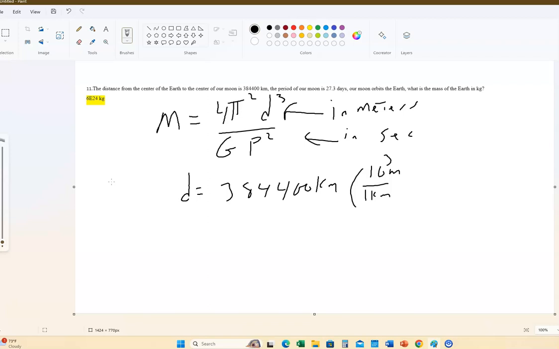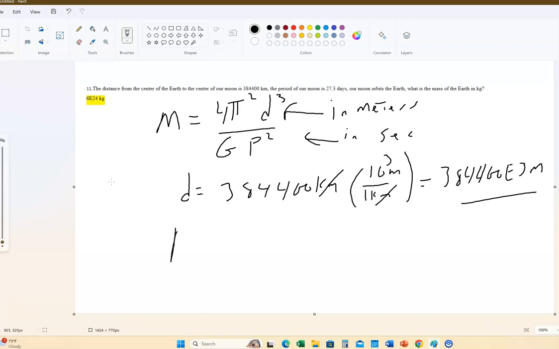So the kilometer part cancels, and that becomes 384,400, and you could just put 3 more zeros, or you could say times 10 to the third. And now it's in meters, and that's what you use. We're going to cube that in just a second.